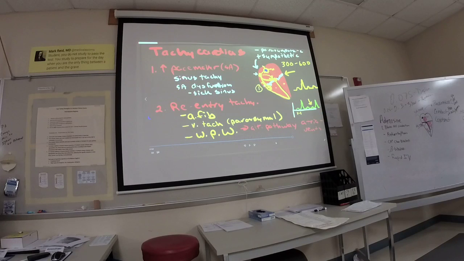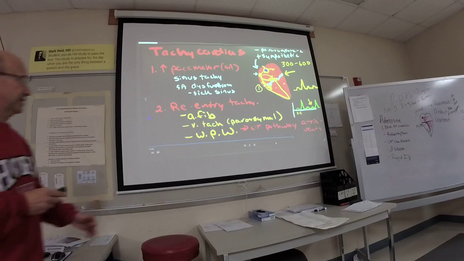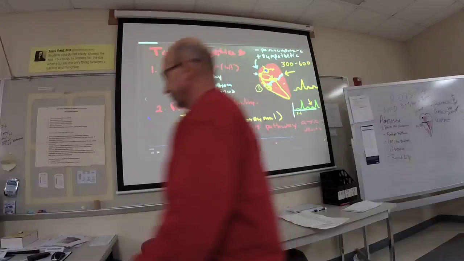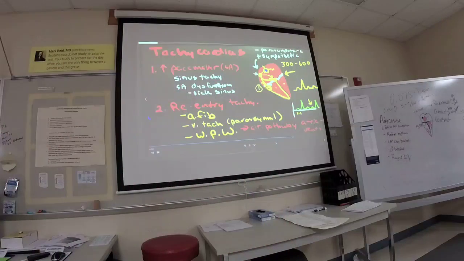Tachycardia, you have some sort of increase in the pacemaker stimulus. So your SA node rate is increased. SA dysfunction could be it. I mean, there are a lot of reasons for a tachycardia. Dehydration, increased sympathetic tone for some reason.